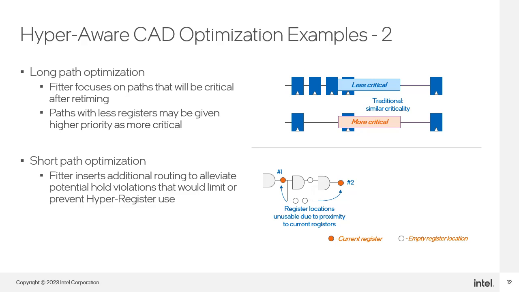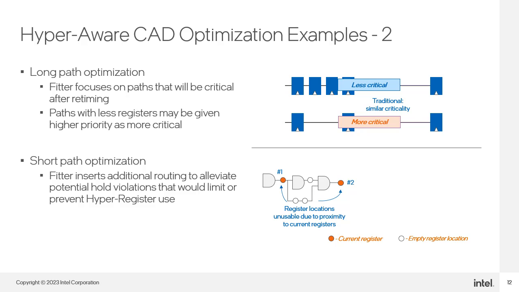Next is short path optimization, where the fitter can try to fix what are called short paths by rerouting or adding more routing. It is similar to the optimize hold timing option found in the fitter settings, but works specifically on paths that are eligible for retiming. In this second example, we have a situation where the Hyper-Retimer wants to reposition register number 2.